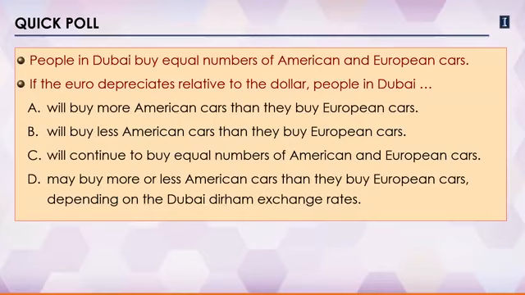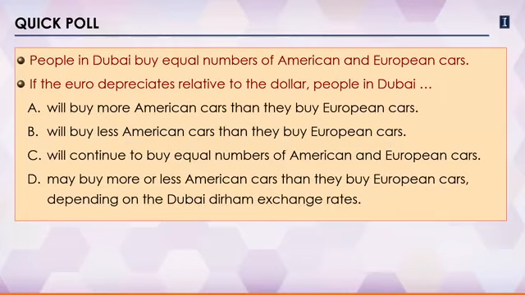That's true in the US, that's true in Europe, but that's also true in the United Arab Emirates and anywhere else in the world. The exchange rate of the dirham relative to the dollar and the euro does not matter that much, because we're talking about buying two foreign cars.